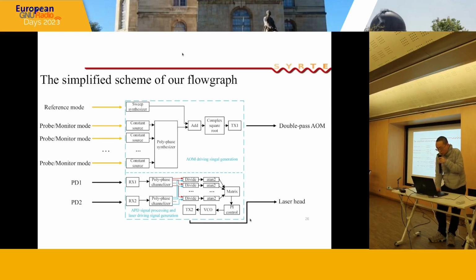Then through TX2, the signal is sent to the laser head. And here is the loop of our system. The laser head, which is the slave laser I mentioned before, sends a laser beam to the double-pass AOM, and the double-pass AOM generates multi-mode laser patterns, which we then send to the two photodetectors.